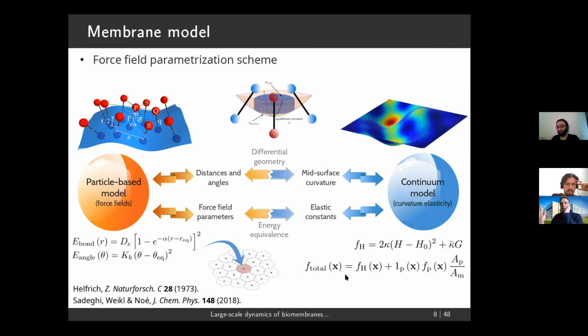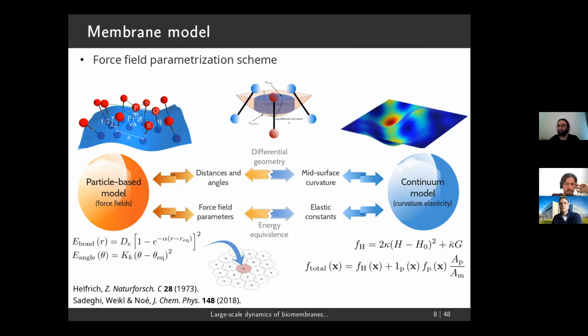Can I ask a quick question? Sure. When you present the force field, you say you need this Morse potential. But why can't you just do a harmonic bond or even a fixed bond? Is there a reason for that? No, you're absolutely right.